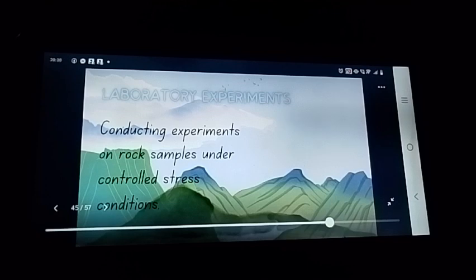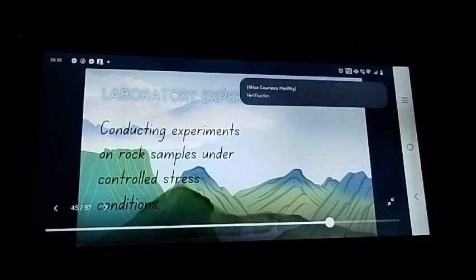Here's how laboratory experiments help us understand rock deformation. Controlled conditions. Laboratory experiments allow geologists to control the stress applied to the rock sample, the temperature, and the pressure. Measuring deformation.